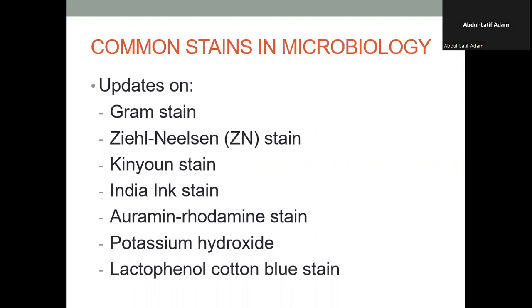All you need to know is that in the auramine stain, apart from the mycolic acid, which picks up the auramine, there could be other artifacts which can also pick up the auramine. So if you don't take care, you are going to report everything as AFB.